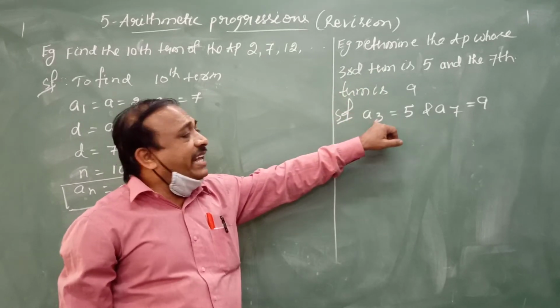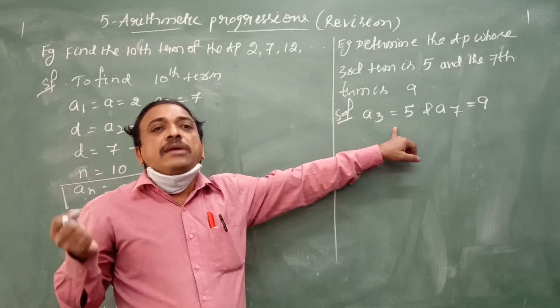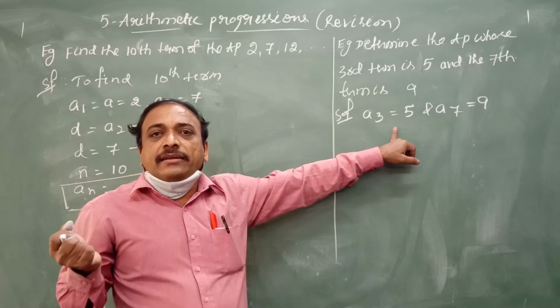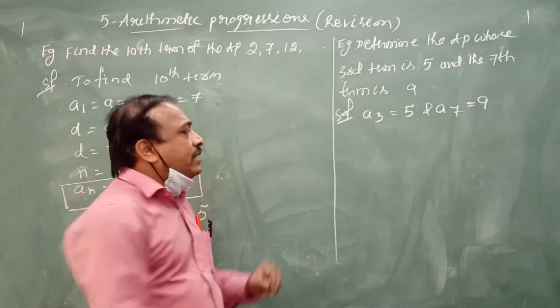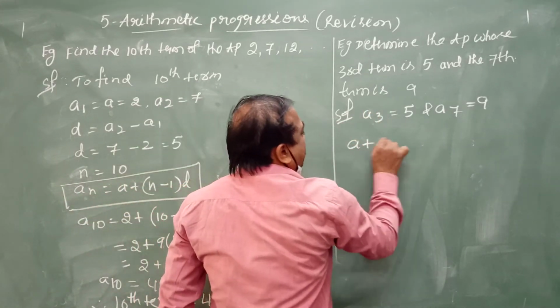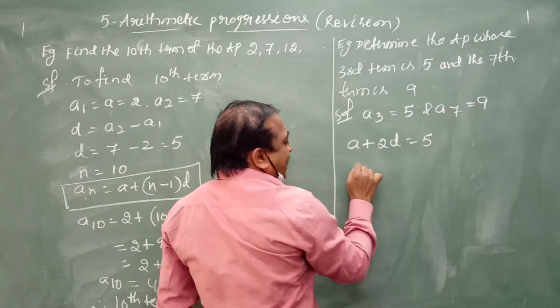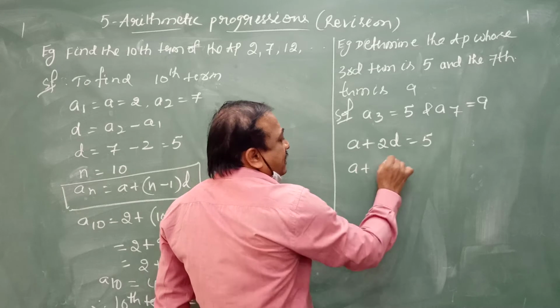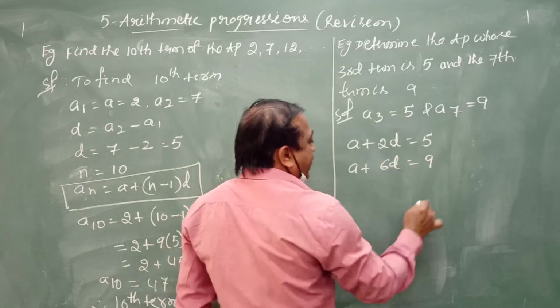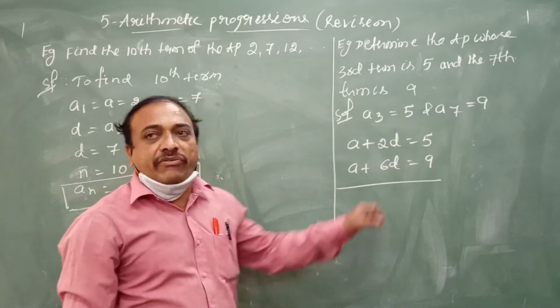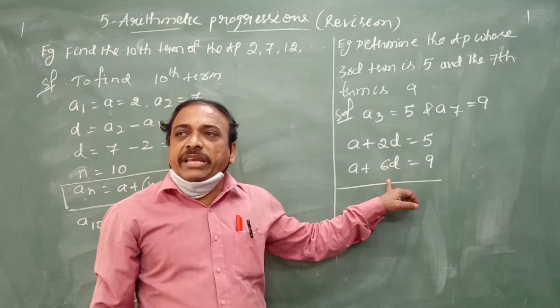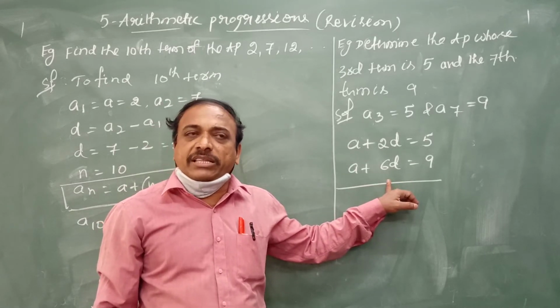So we know that A3 is equals to, how do you obtain A3? A plus 2d. So A3 is equals to a plus 2d is equals to 5, and A7 is a plus 6d is equals to 9. By solving these two equations, either by elimination method or substitution method, any method can be used.